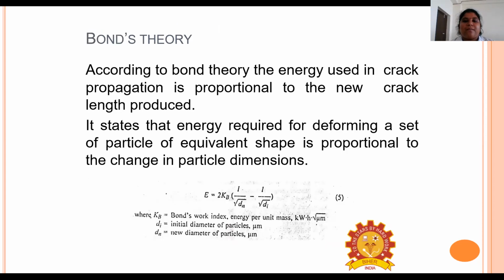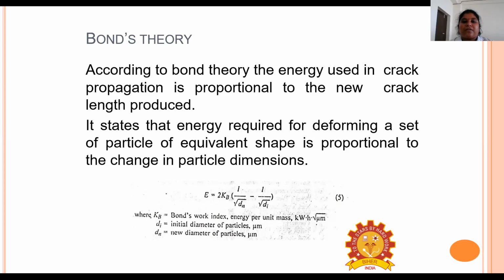Then coming to Bond's theory. According to this theory, the energy used in crack propagation is proportional to the new crack produced. That means the more new particles we need to produce, the more energy we need to give. It states that the energy required for deforming a set of particles of equivalent shape is proportional to the change in the particle dimensions.